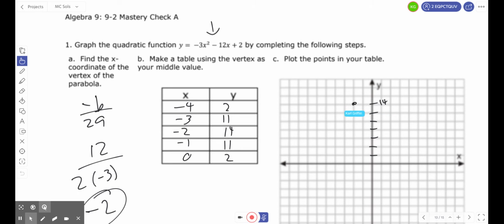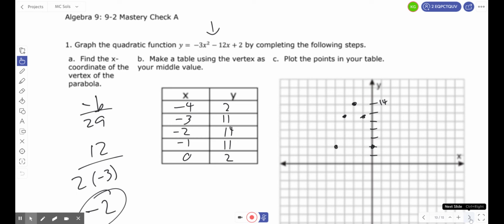Just mark that. So our vertex is at negative 2, 14. And then we have negative 3, 11, negative 1, 11, 0, 2, and negative 4, 2. So those are our points. You could connect them with a line if you want, but this is all we need to do for this problem.